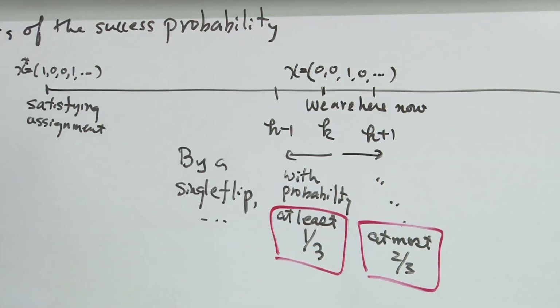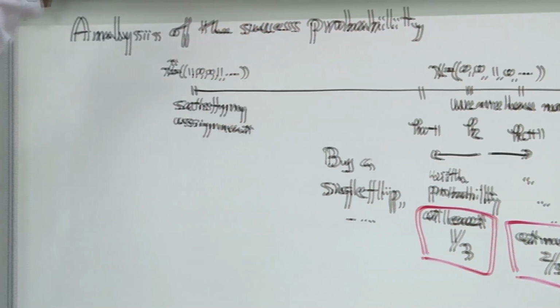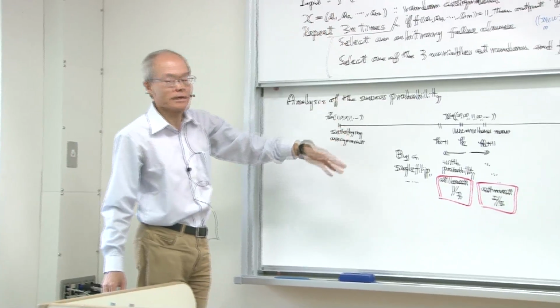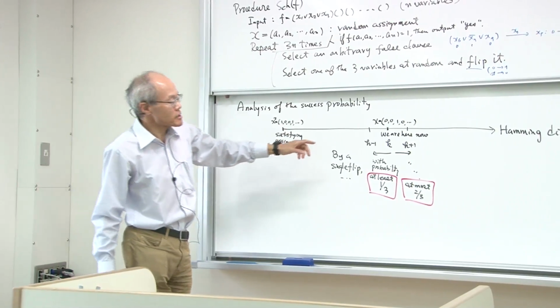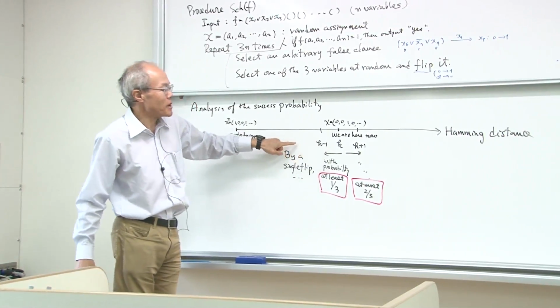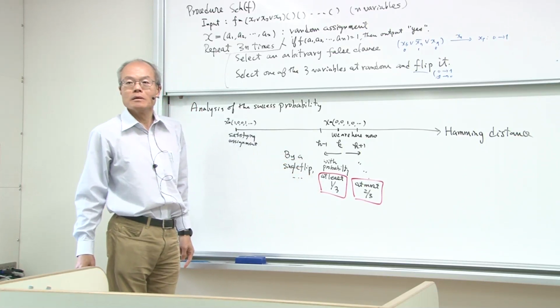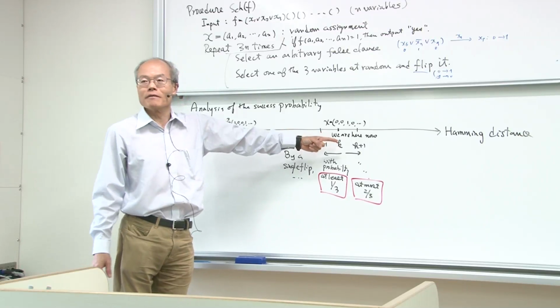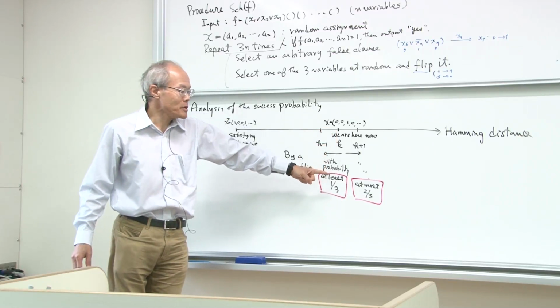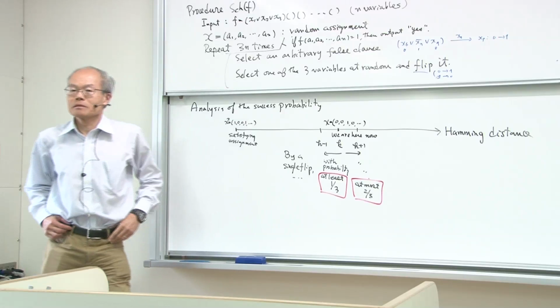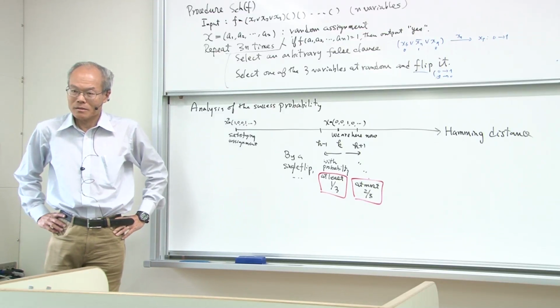So, by doing a single repetition of this procedure, you can go in the good direction by 1 bit with probability at least 1/3. You can go in the opposite direction, unfortunately, with probability at most 2/3. At most 2/3.